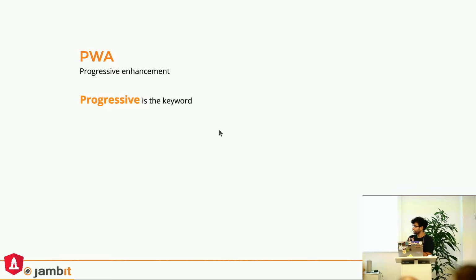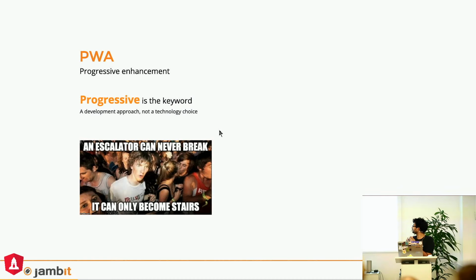So the main idea behind a progressive web application is the progressive keyword itself, which is based on the idea of progressive enhancement, which basically means that you should always guarantee a set of core features that you want to deliver to your users.